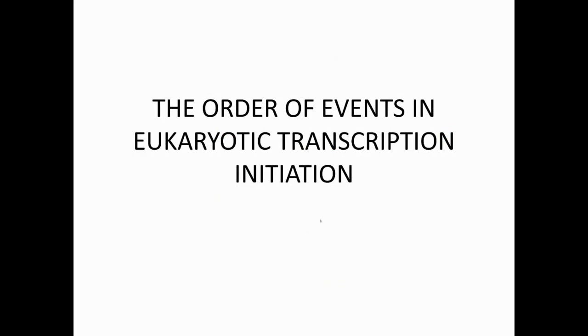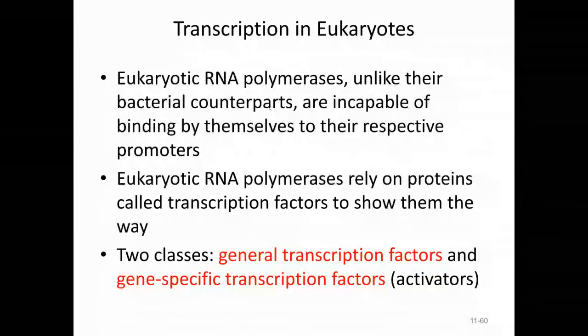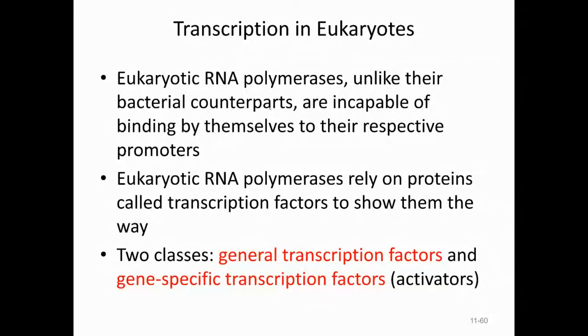And then the order of events during transcription initiation. Again, of course, in transcription you have initiation, elongation, and termination. Initiation is very special for the eukaryotic cell because you need general transcription factors. Sometimes you need a gene-specific transcription factor, which is activated to help.